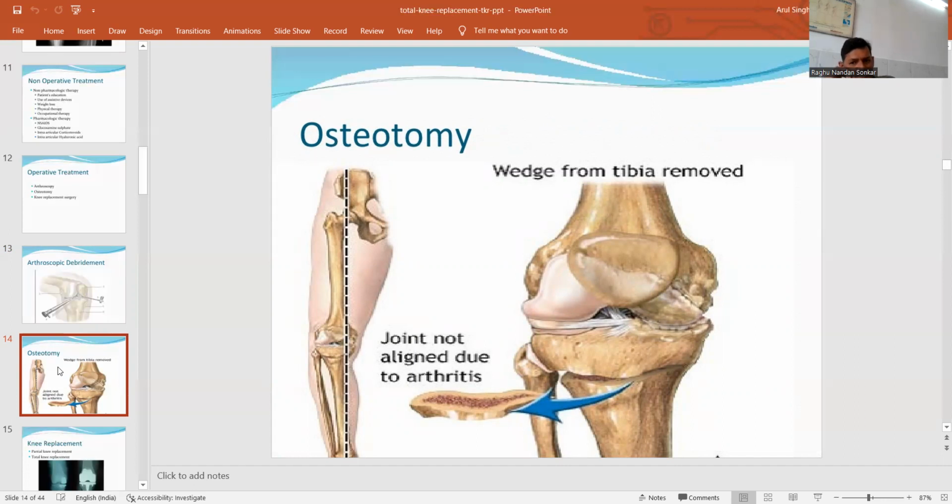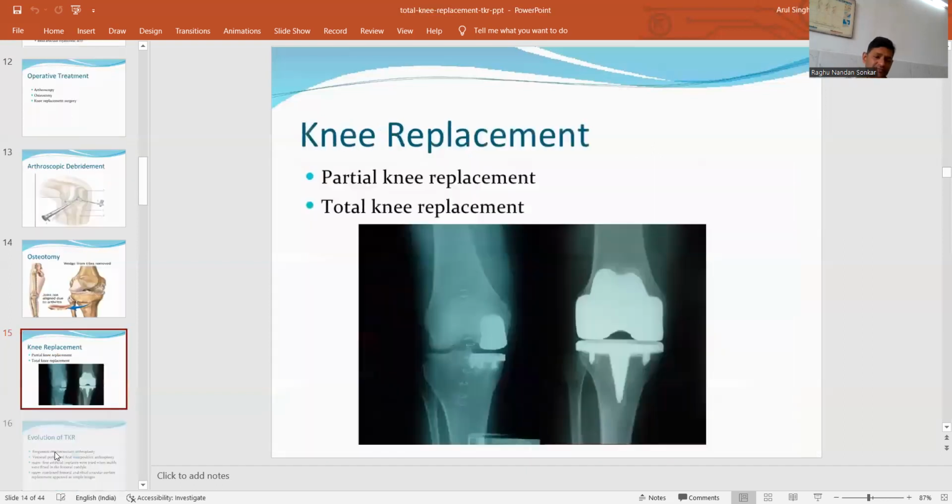A wedge from the tibia is removed and fixed by an osteotomy plate, and alignment can be done. Below 40 or below 50 years, this is a very good option, and replacement can be avoided in the early stage of the patient.